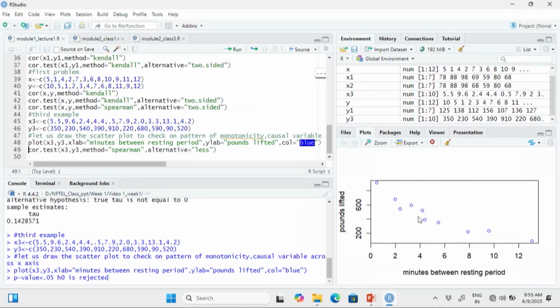The plot clearly shows some monotonicity, but that monotonicity is downward. That means as the minutes between resting period increase, the pounds lifted, that effect variable, decreases. So, yes, there is a certain case of monotonicity here. You can also check the association between two variables just by having the plot.